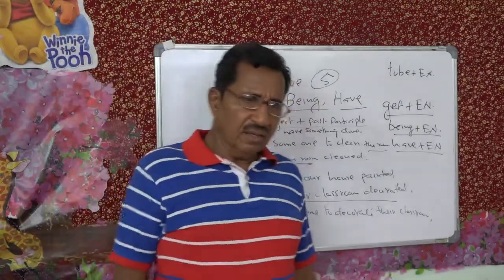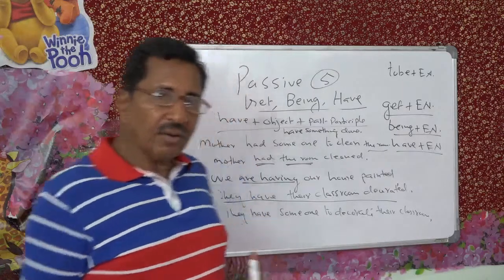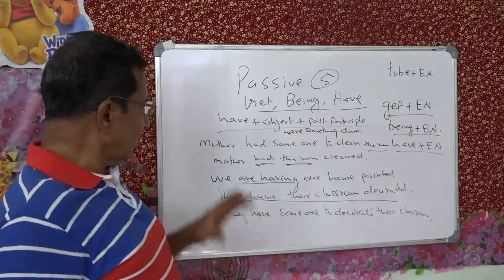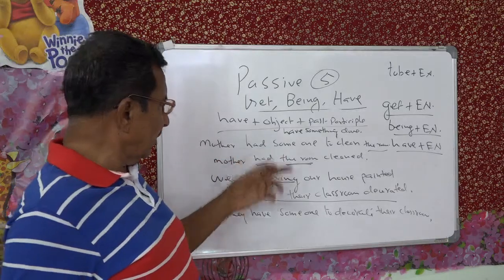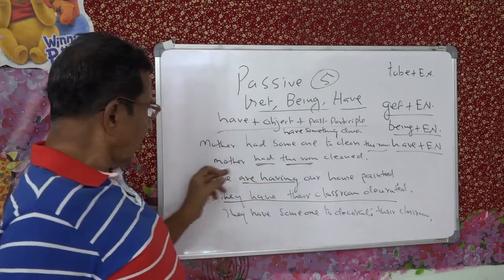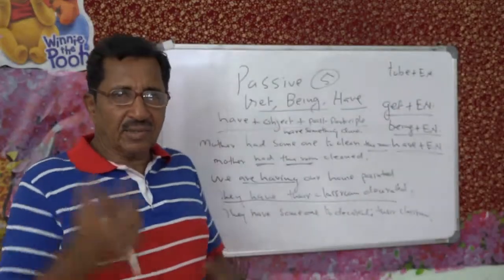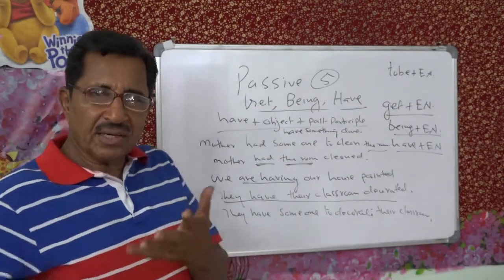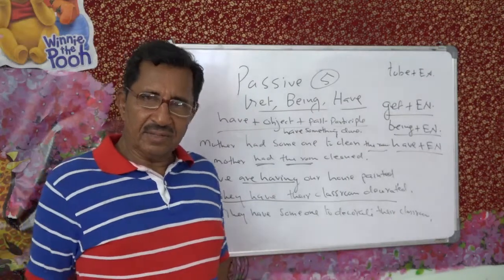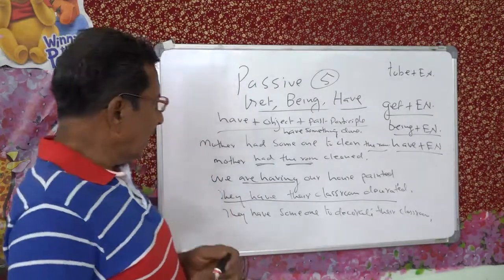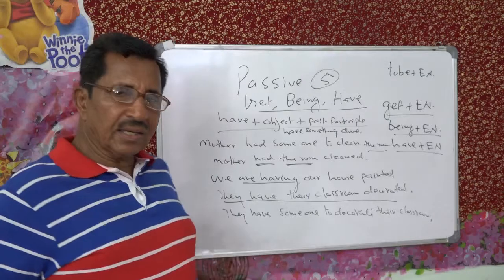So instead of have, you can also write get. You can say that mother had someone clean the room. Mother got the room cleaned. Perfectly alright. Had and got are interchangeable here. Got something done, have something done, same. Get something done and have something done.